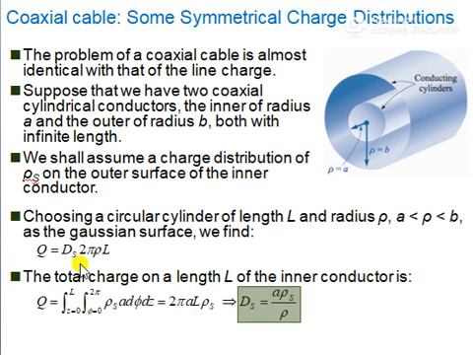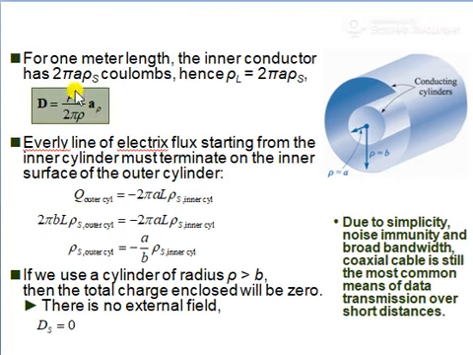So this is the charge enclosed on the length of the inner conductor. Now for 1 meter length, the inner conductor has 2 pi A rho s coulombs, hence D rho is equal to A rho s by rho.